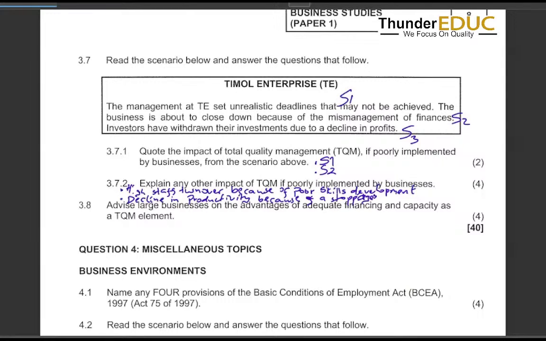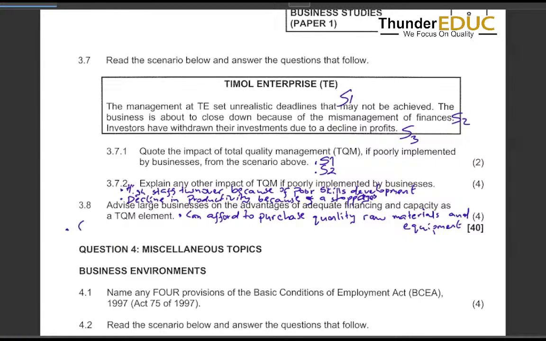Okay, right? Saying that the business can afford to purchase quality raw materials and equipment.